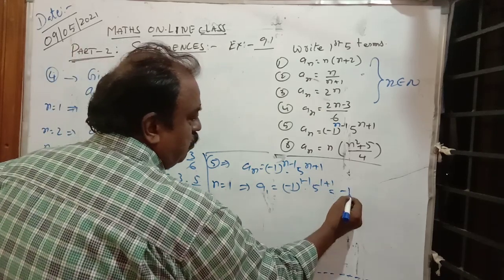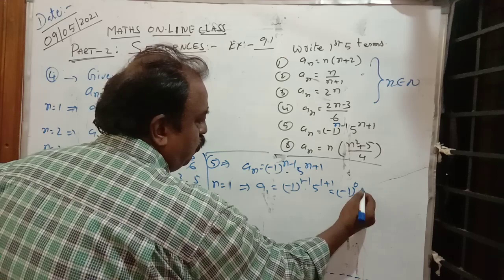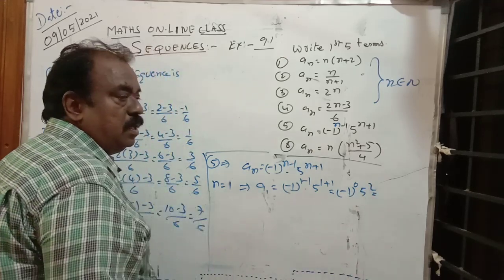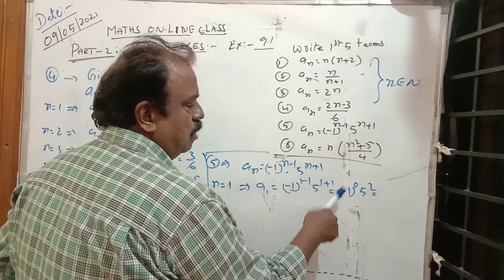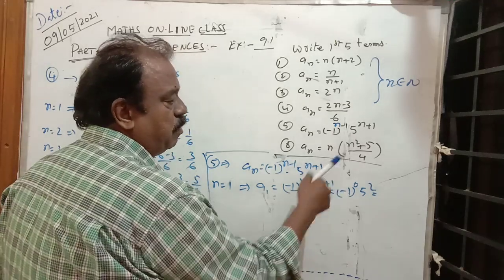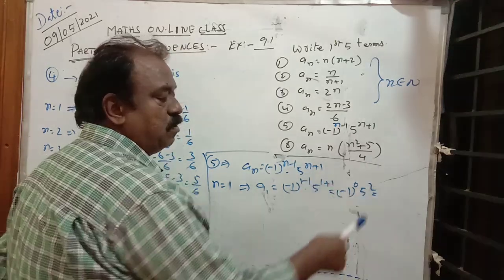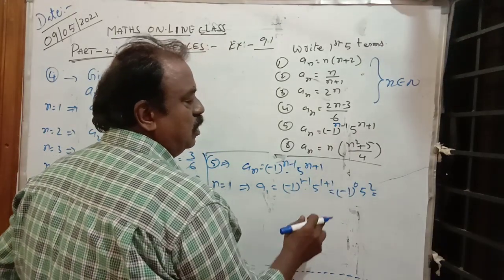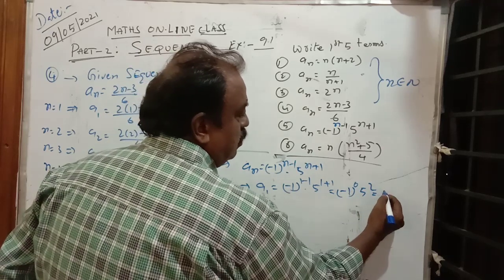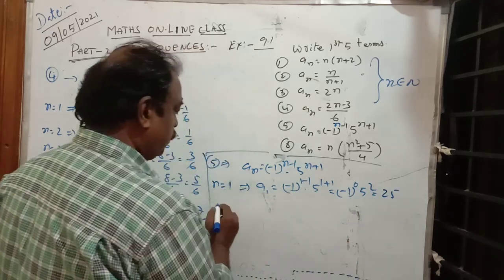This is minus 1 power 0, 5 square. Any number with the index 0 is 1 only. A power 0 is 1 only, D power 0 is 1 only, 100 power 0 is 1 only. So any number with index 0 is 1. 1 into 5 square is 25.